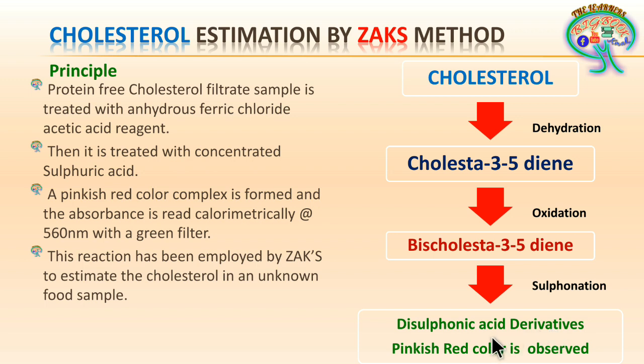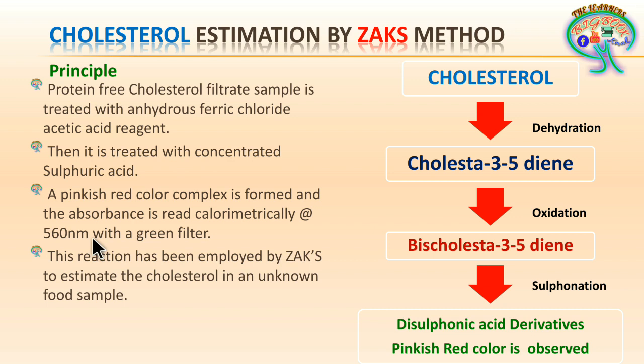These disulfonic acid derivatives give a pinkish red color at the end of the reaction. This pinkish red color is measured colorimetrically, that is the absorbance is measured at 560 nanometer.